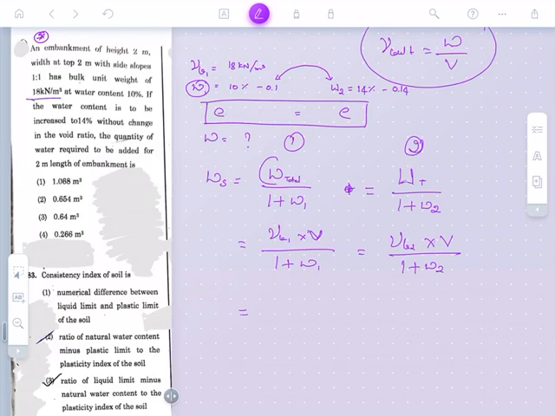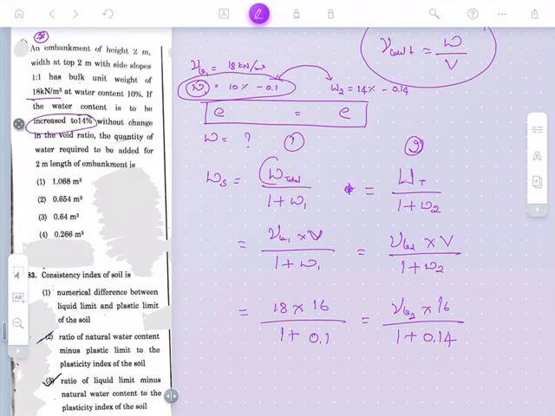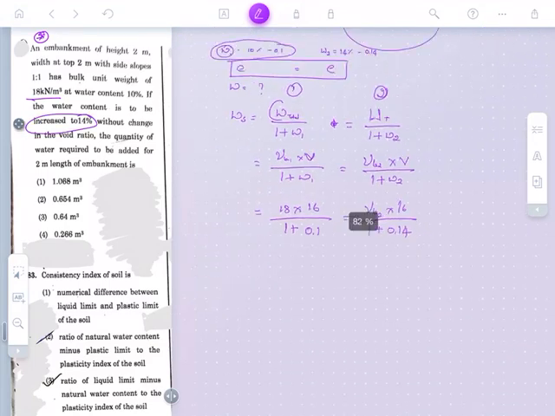what is gamma bulk 1? It is already given in the question, that is 18 kilonewton per meter cube. 18 into the total volume 16 divided by 1 plus W1. The water content initially was 0.1, and later, I don't know gamma bulk 2 into 16 divided by 1 plus the water content. The water content will be 0.14 in the second condition, which is increased to 14%.